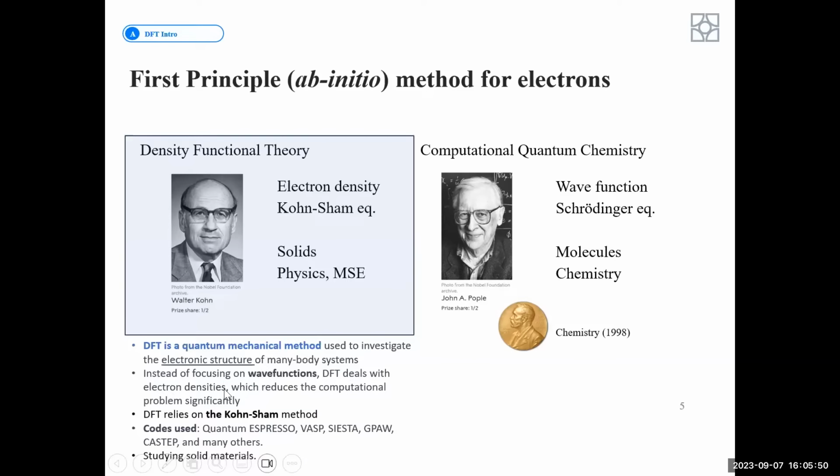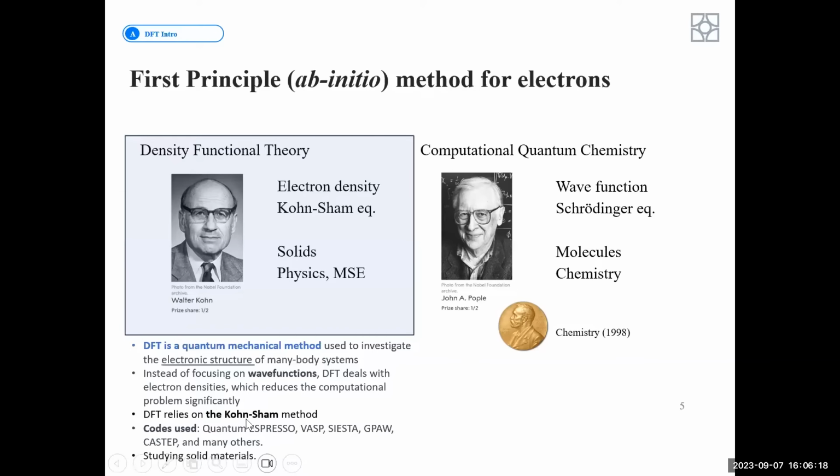So if you are able to understand or calculate the electron density of your system, this way you would understand the overall behavior of the material. Thus, you are reducing the computational problem significantly in terms of time and effort. So using DFT calculation, it actually gives you a practical way to solve the Schrödinger equation.